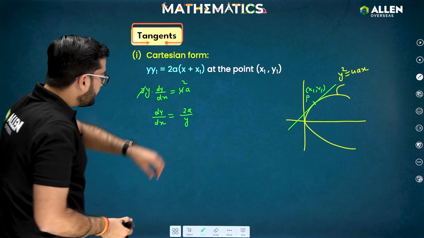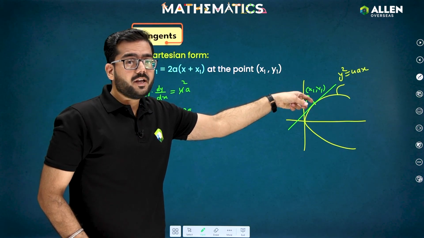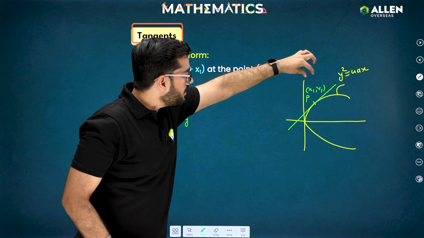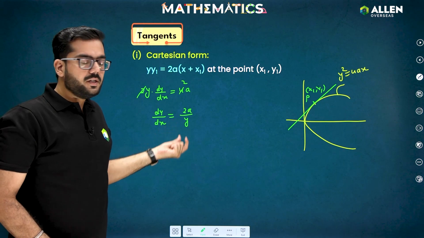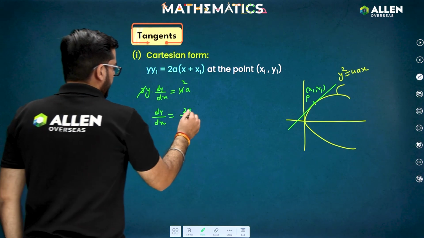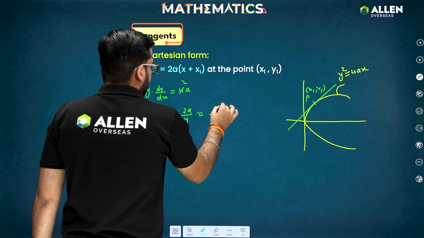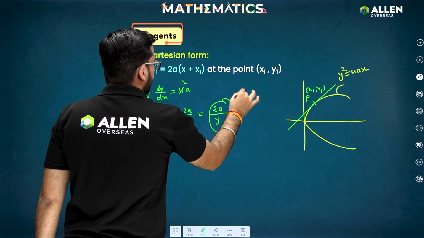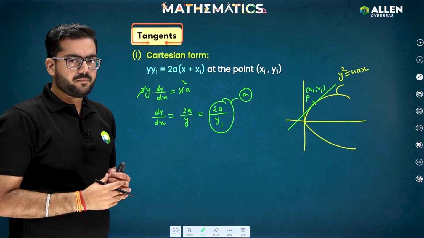Now this y, we need to put the point at which we are going to find the slope. So that means we need to put x1 comma y1. Unfortunately, there is no x here, so we need to put only y1, the y coordinate. So you will get 2a upon y1 as the value of slope, right? This is your slope. The first derivative is also known as the slope, the basic thing.